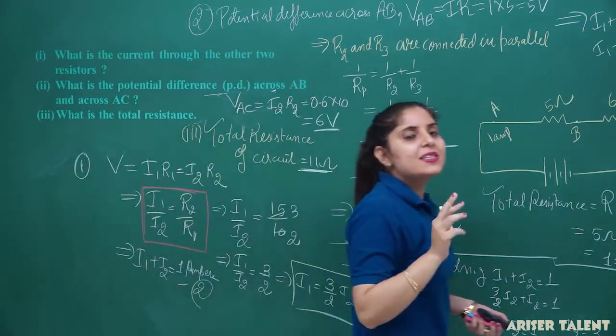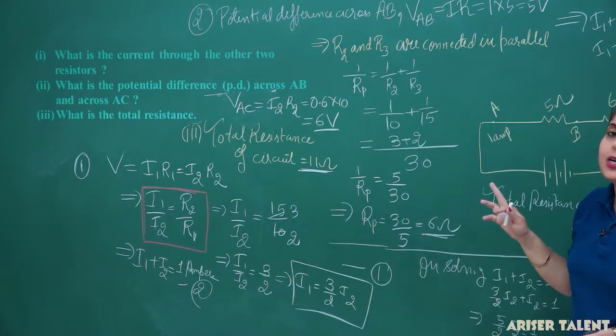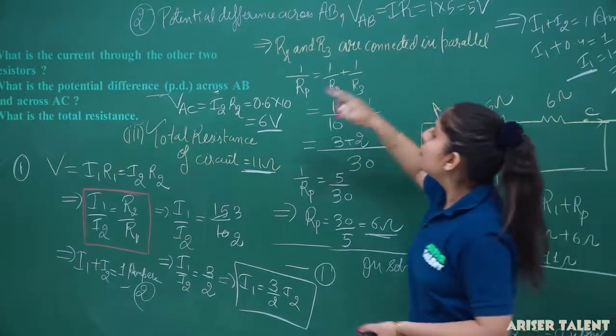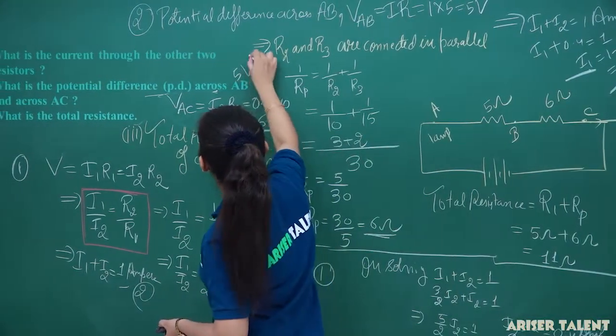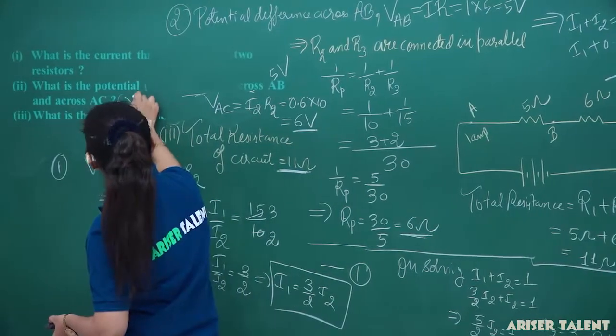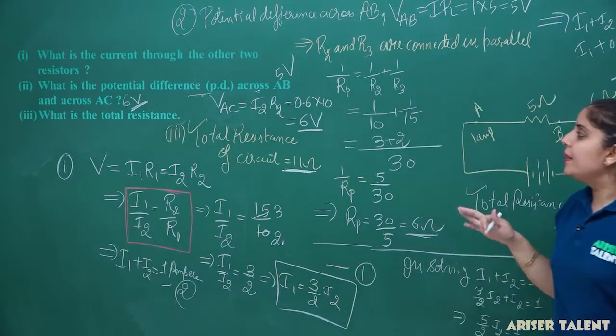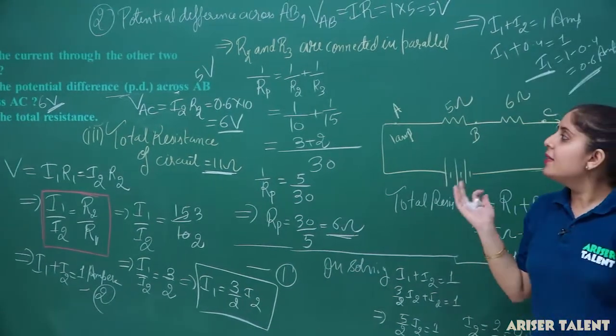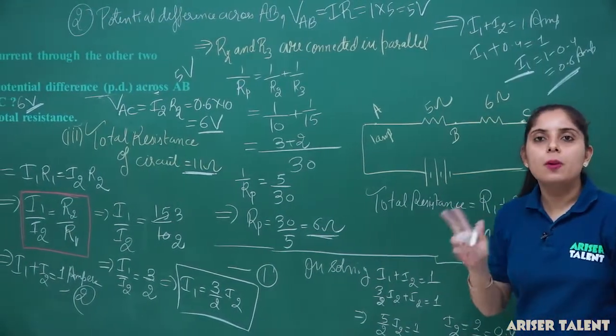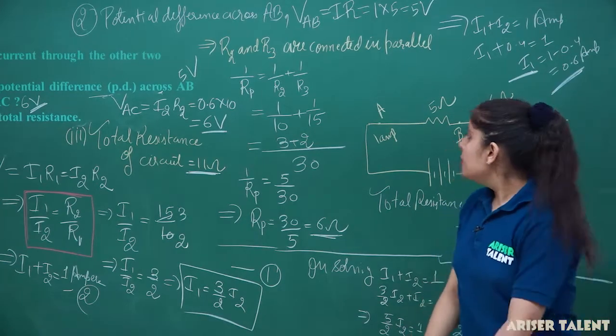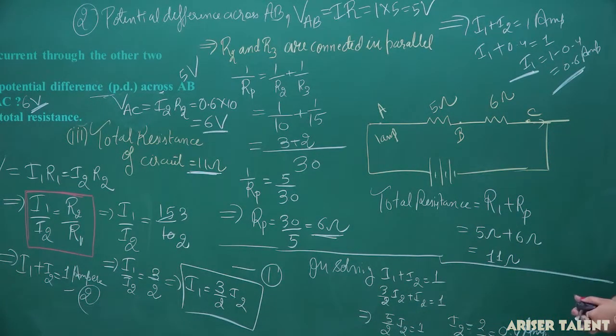So the answer to the second part, that is the potential difference, has two parts, that is 5 volt and 6 volt. So you can see that this question is a bit different from the other parts, because in this you have to calculate the potential drop across the two individual points. So copy this solution from here so we can proceed to the next part.